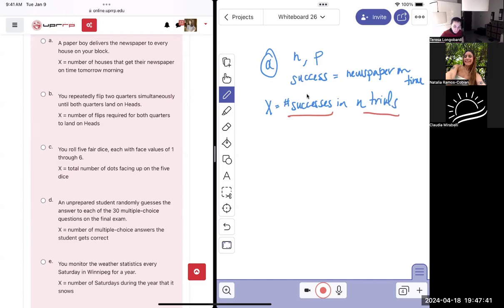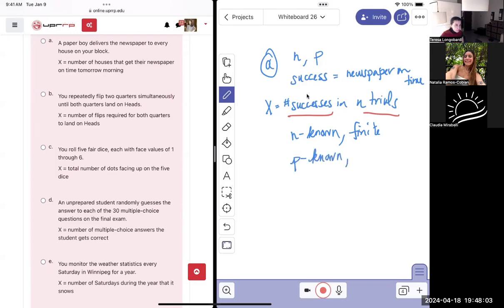Okay. So the rule is N has to be known and has to be finite. It can be an unknown amount of times, and it cannot be infinite, okay? And P must be known.